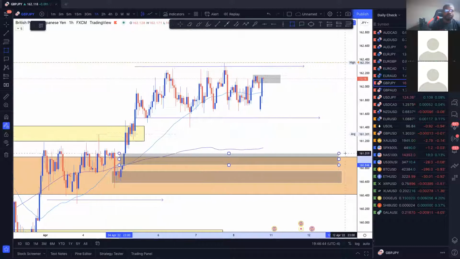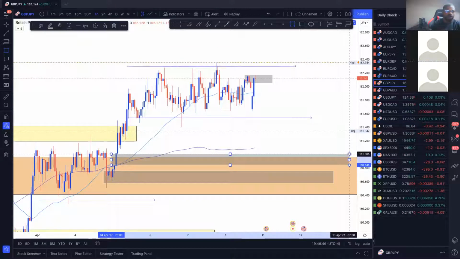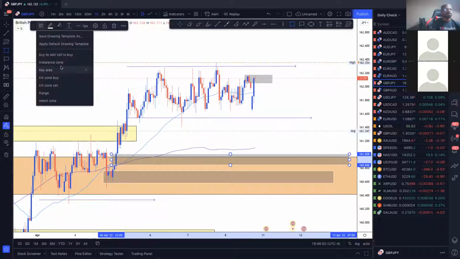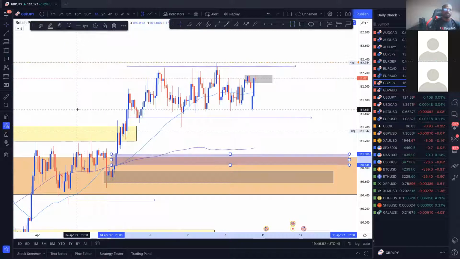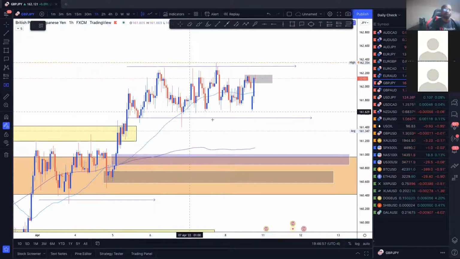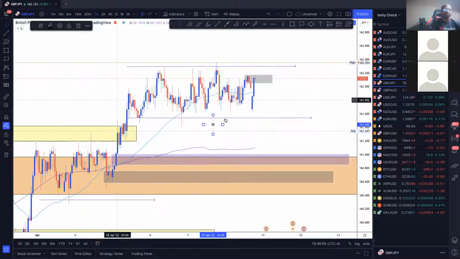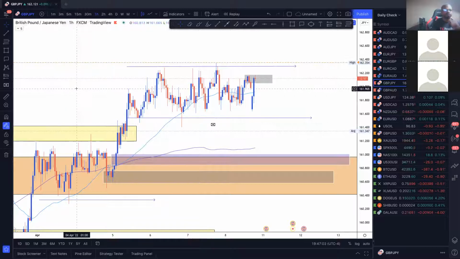Okay. Now, this is one of those cases that we spoke of earlier, Doc. This imbalance zone is right underneath the 200 EMA, and it falls right underneath liquidity. So this is one of those cases where I would possibly use an imbalance zone as an entry point because of how it falls.